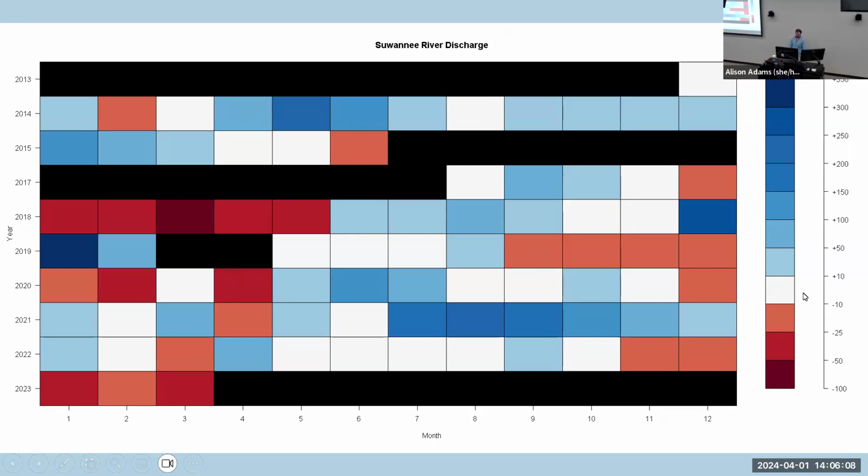If the cell is colored white, it's within plus or minus 10% of the historical median value. Blue indicates higher discharge values compared to the historical values, and red indicates lower. So we can see for the pilot project, we had consistently higher discharge values during the time period of collection. And then during the Lone Cabbage Reef restoration, we had a mix of both lower and higher discharge. And so that's just one thing to watch out for as we continue through our modeling process.